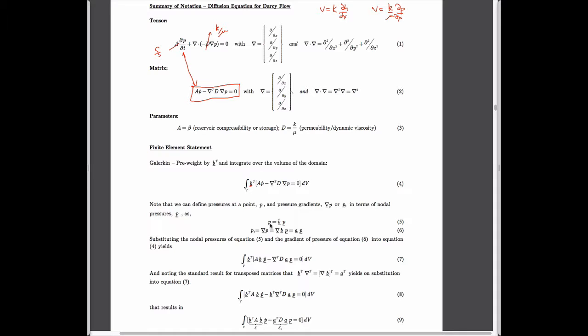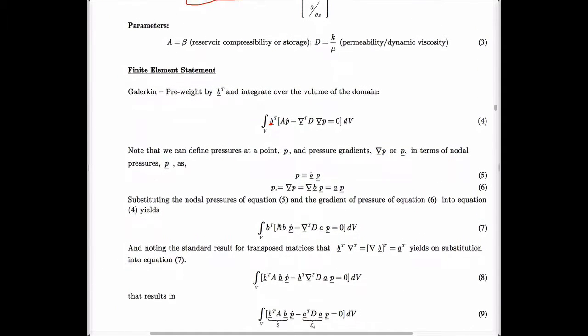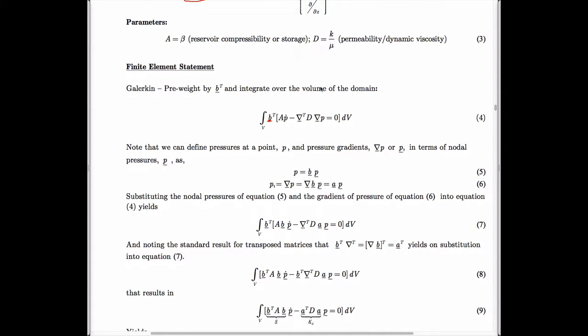We map our pressures at nodes onto a pressure at a point using these weighting functions. We can define the gradients of pressures as this, which is just equal to the derivatives of these shape functions. I'll make it larger. So we use the weighting functions to map nodal values of pressure onto the pressure at a particular point in an element.